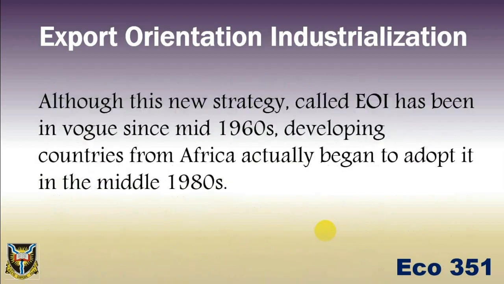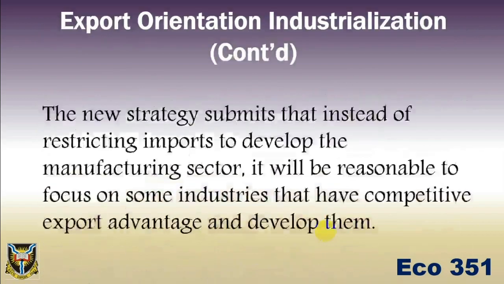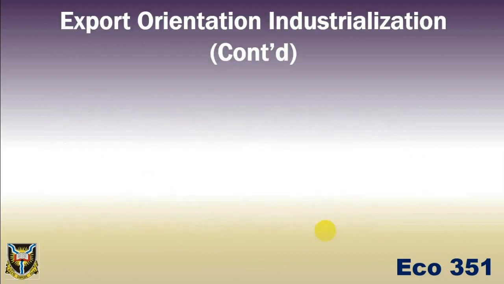Although this new strategy, called export orientation industrialization, has been in vogue since the mid-1960s, developing countries from Africa actually began to adopt it in the middle 1980s. The new strategy submits that instead of restricting imports to develop the manufacturing sector, it will be reasonable to focus on some industries that have competitive export advantage and develop them.